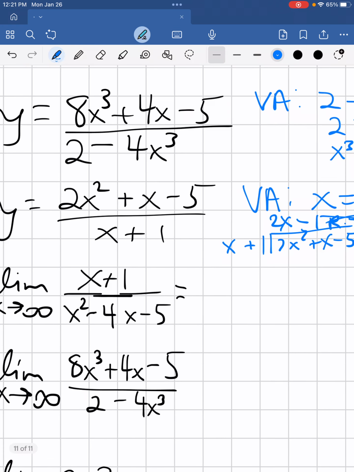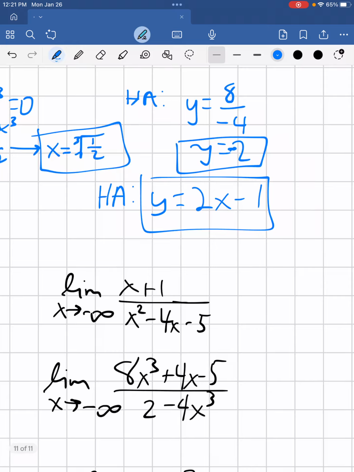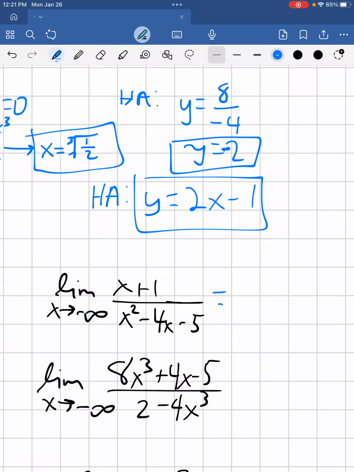And now if we look at a similar limit, the limit as x approaches negative infinity of that same function. Because this ends up working out the same, if you think about the graph of this function, whether x is approaching positive or negative infinity, the y value is approaching the horizontal asymptote.